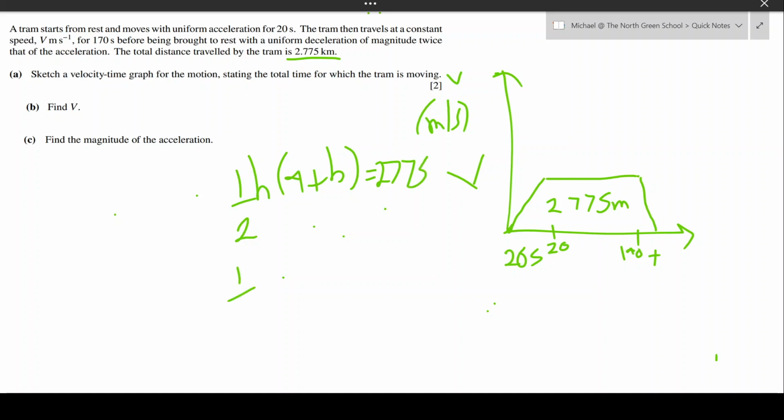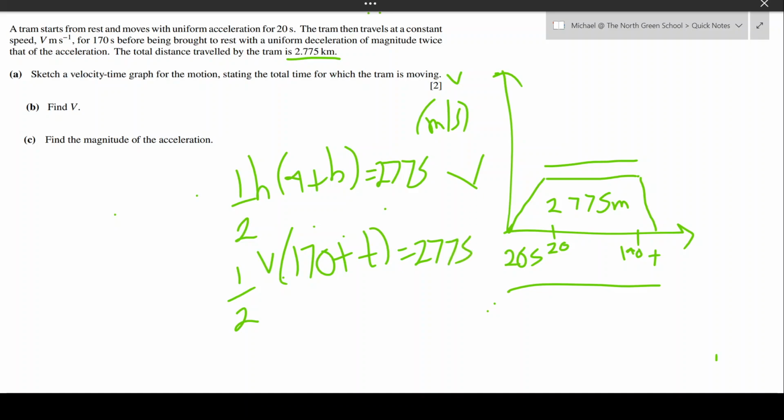So a half, what's the height? That's v. What's the a? That's one of the parallel sides, how long it was moving at a constant speed, 170 seconds. Plus how long was this other parallel side? Well, that's the total time t. But you can see we have two unknowns, so this won't work out.